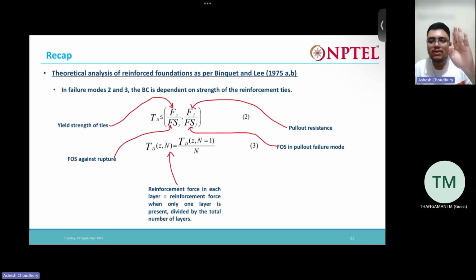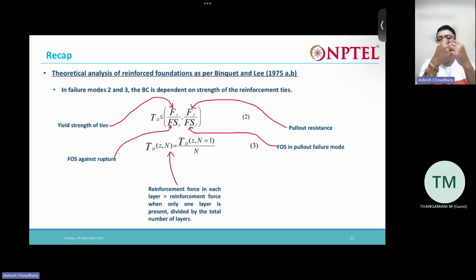And to prevent the second mode of failure, that is the pull-out mode of failure, we need to ensure that the pull-out resistance is higher than the load that is coming on the reinforcement. So a certain amount of load is coming on this reinforcement. This load should always be less than the pull-out resistance that the reinforcement is providing.